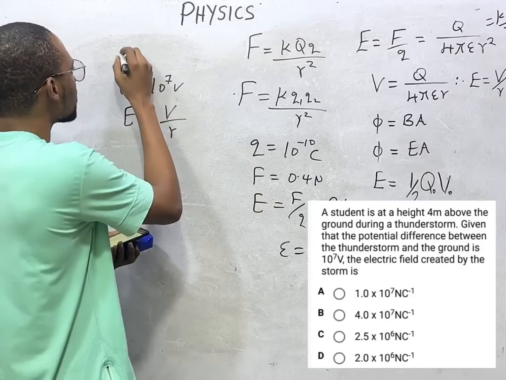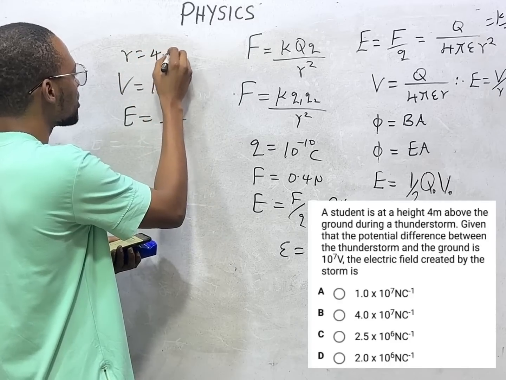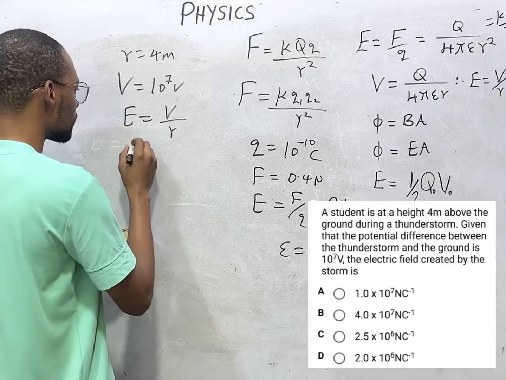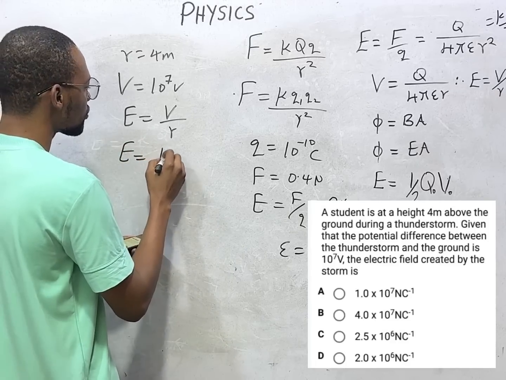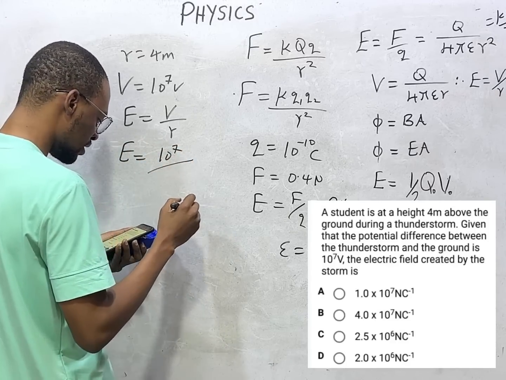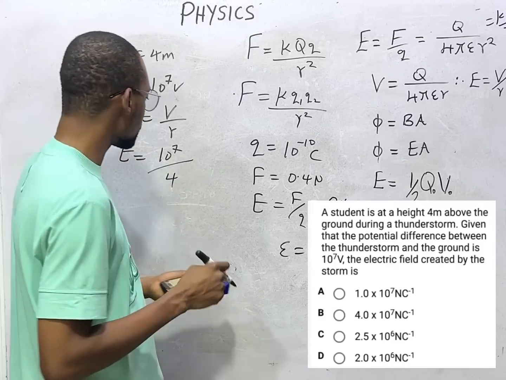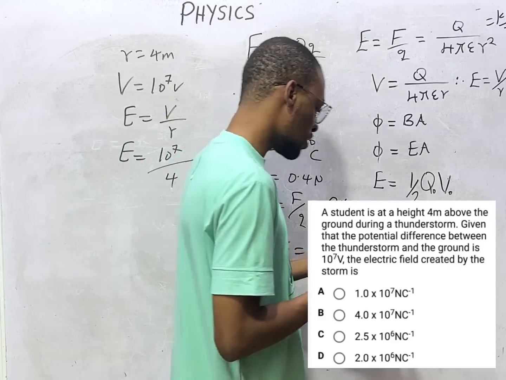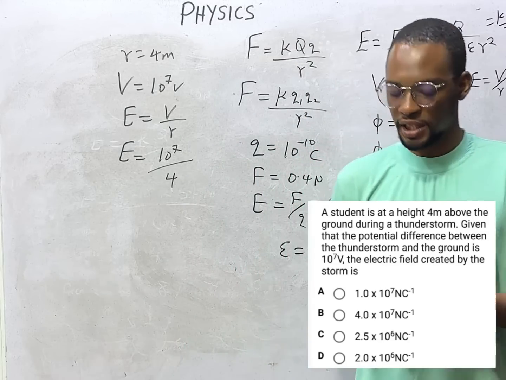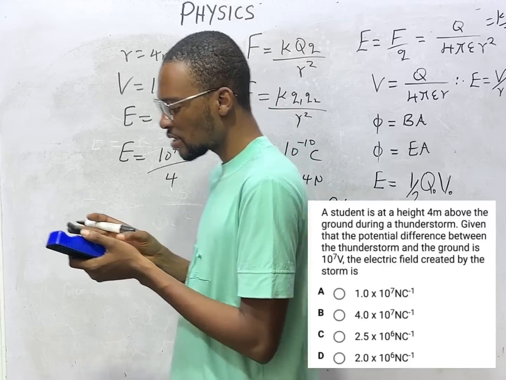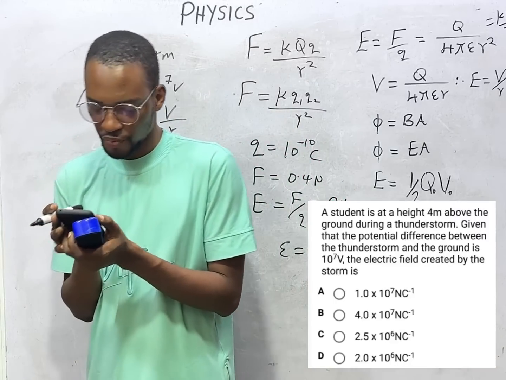So the distance is 4 meters. This is very simple then. Electric field will simply be 10 to the power of 7 divided by the distance 4. So 10 to the power of 7 divided by 4. That should give you 2.5 times 10 to the power of 6 Newton per coulomb, as seen in option C.